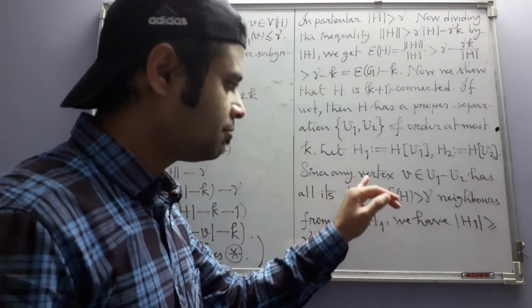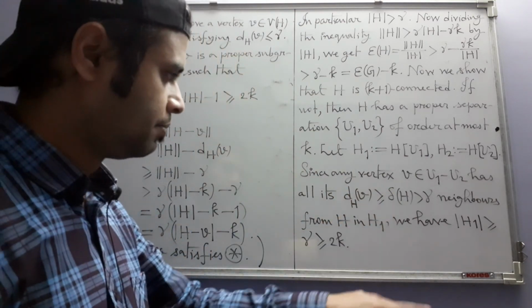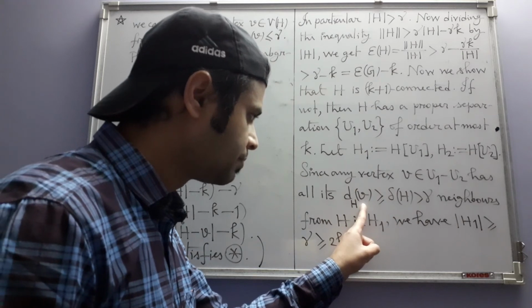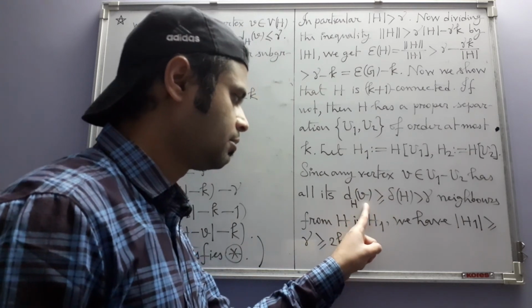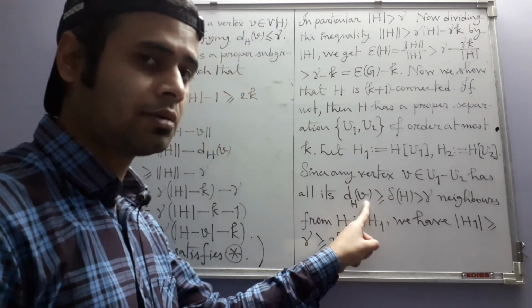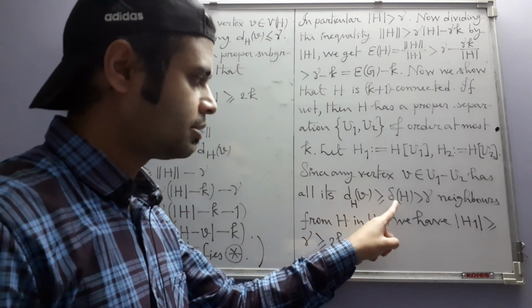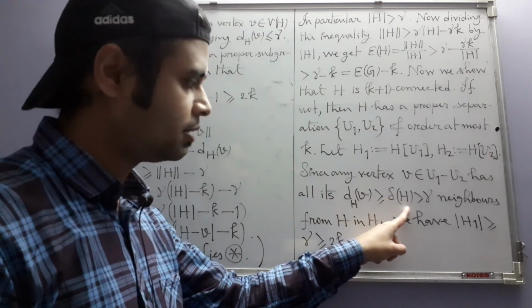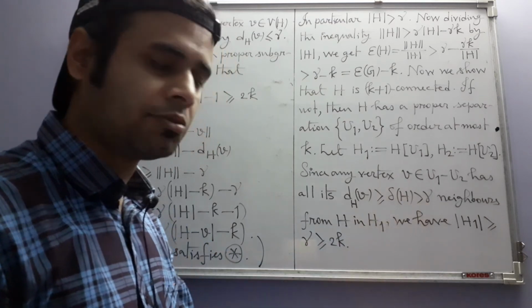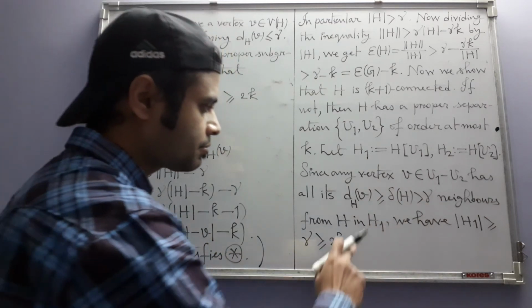So at least that many vertices are there in H1, and that number, since this is some degree of some vertex in H, is greater than or equal to the minimum degree of H, which itself is greater than gamma, we have shown that before.